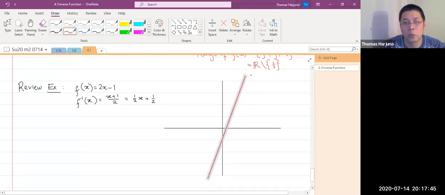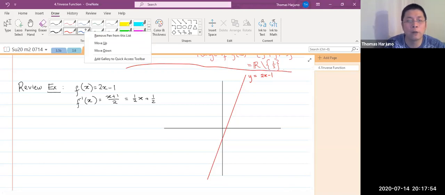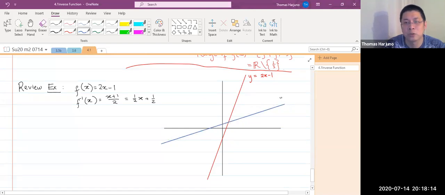This is y equals 2x minus 1, while the graph of 1/2 x plus 1/2 has slope 1/2 and y-intercept (0, 1/2). So it looks approximately like this. It's y equals 1/2 x plus 1/2.